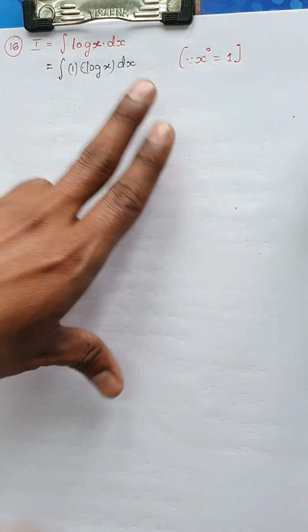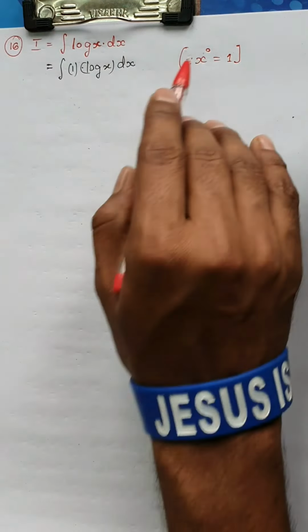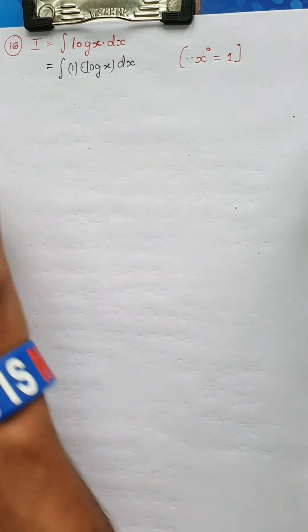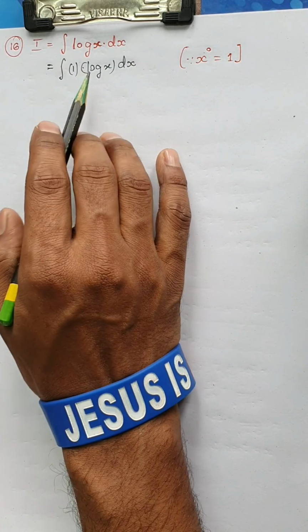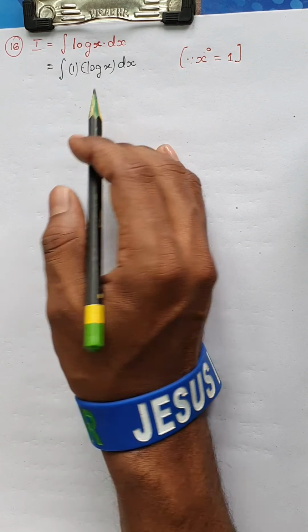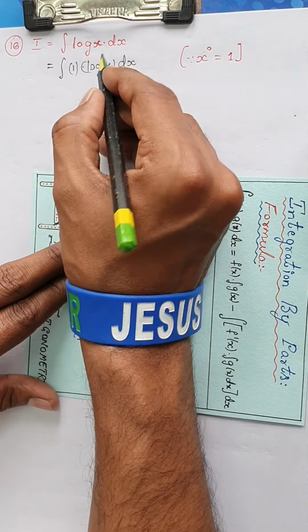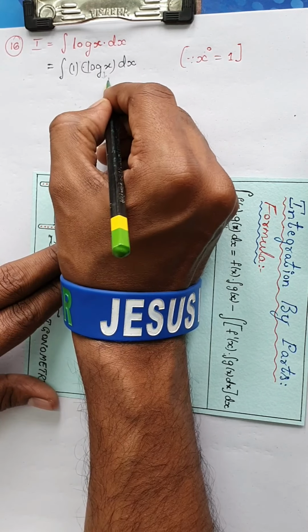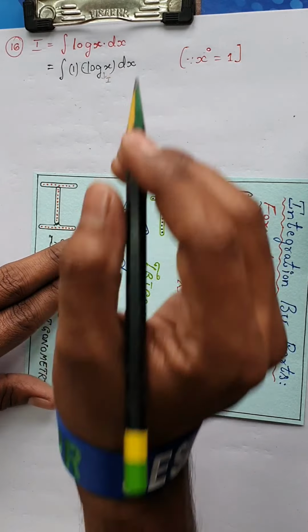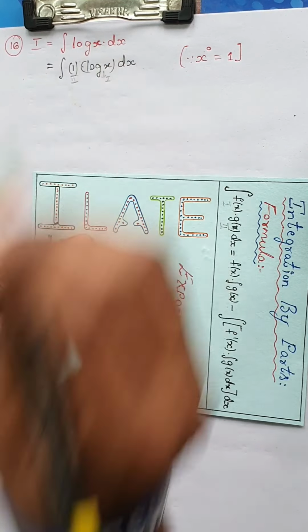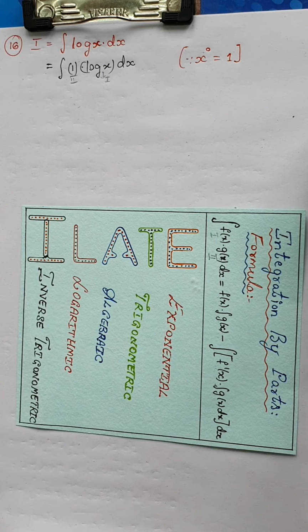So whenever you have x power something, this is an algebraic function. So I have two functions now, algebraic and logarithmic. So according to our guidance, we are going to consider the log function as the first function and the algebraic function as the second function.